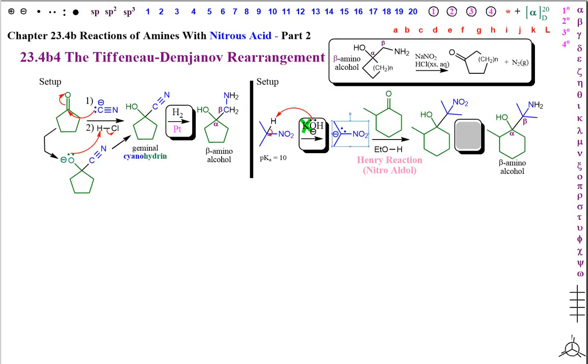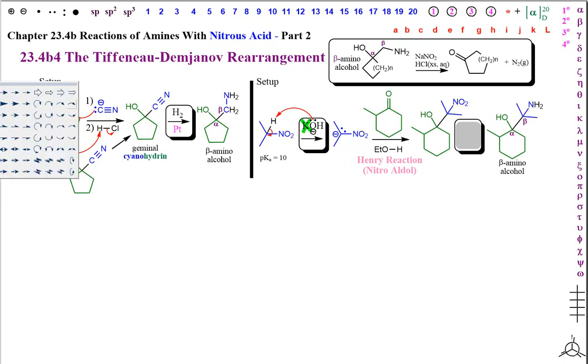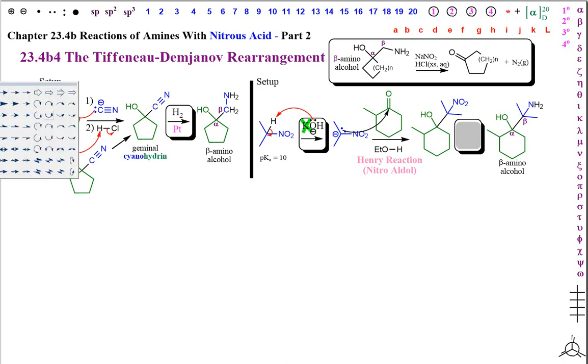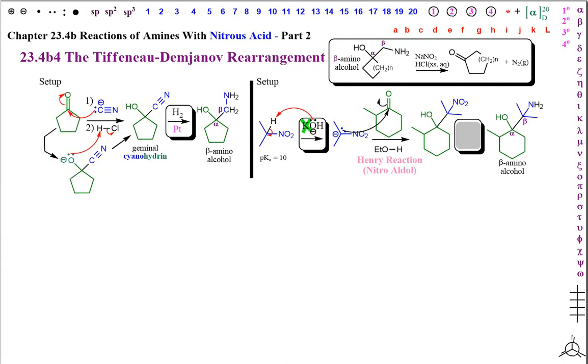At this time, my date has picked up the phone and she's called Henri to pull the car up. We're going to do a nitroaldol reaction where that anion is attracted to the carbonyl, and we generate an oxide ion in the first part of the mechanism, and in the second step, which will be in blue, we will protonate the O-, giving us an OH.